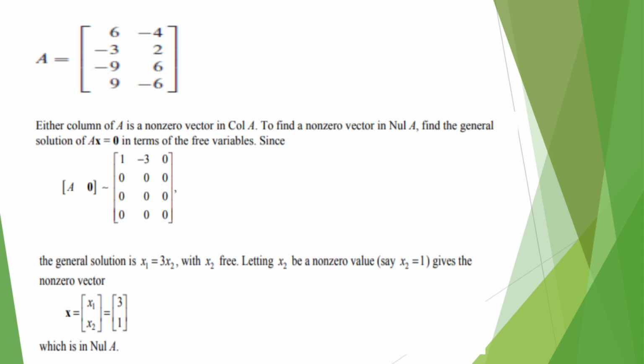The first equation is x1 minus 3x2 equals 0. Second row elements 0, third row elements 0, fourth row elements 0. So we get only one equation, x1 equal to 3x2. This value we write in the x vector. So we get the vector 3, 1. It is an element of null A.